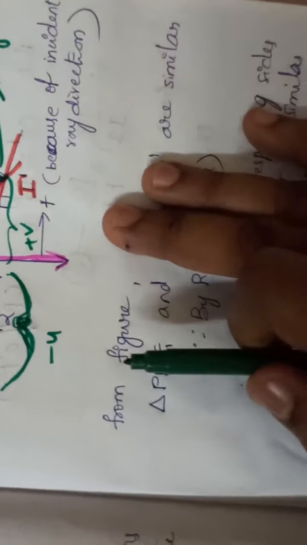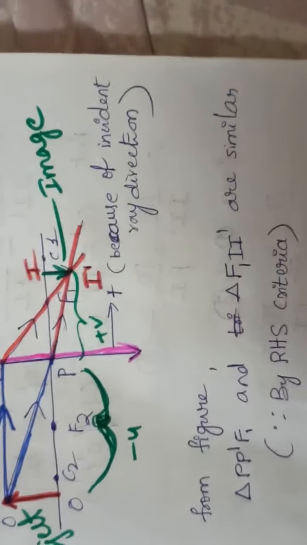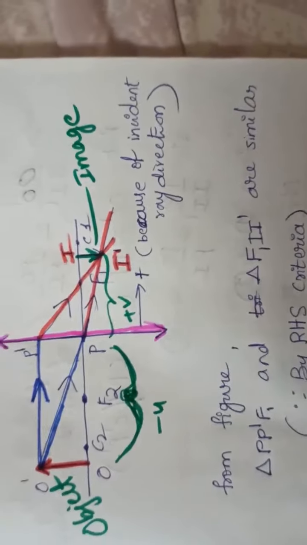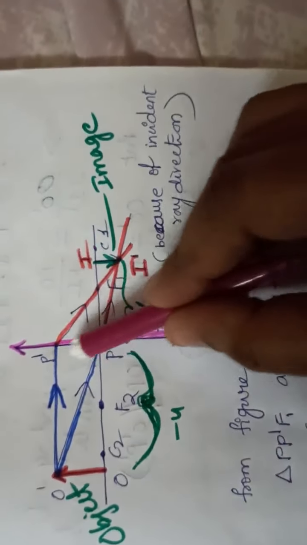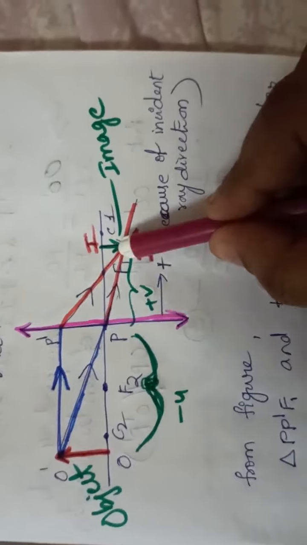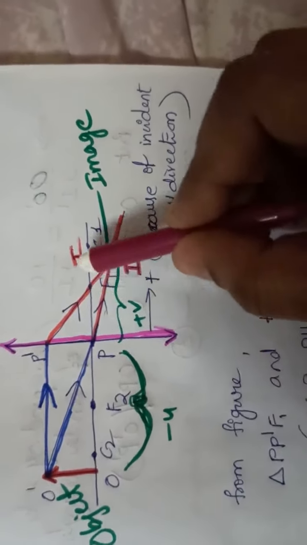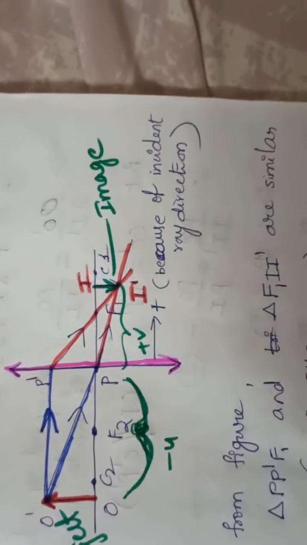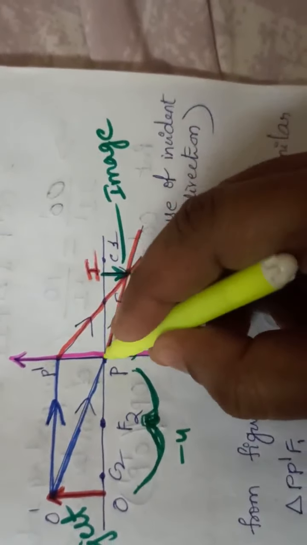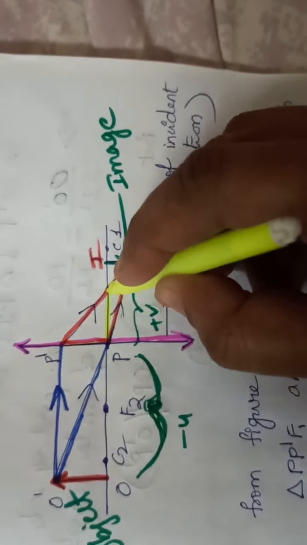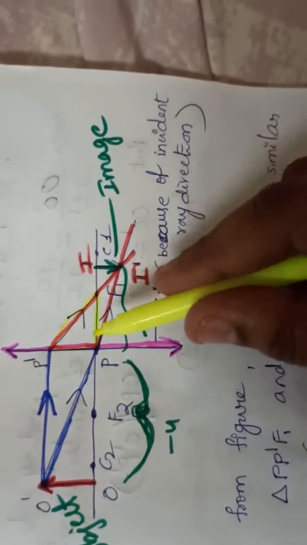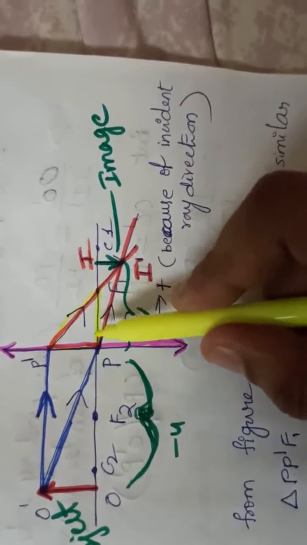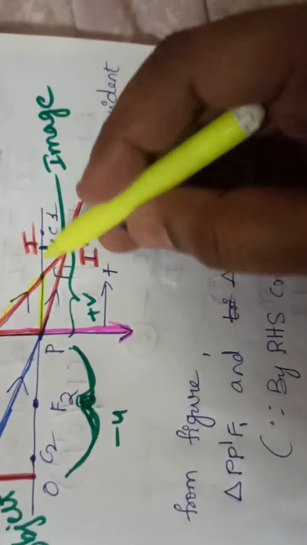For sign convention we need to know where to take positive and negative values. Yes children, next from the figure, consider the two triangles. Here I am considering the triangle P dash F1, marking it like this. I think you got, this is a right angle triangle, and another triangle I am taking is F1 I dash.